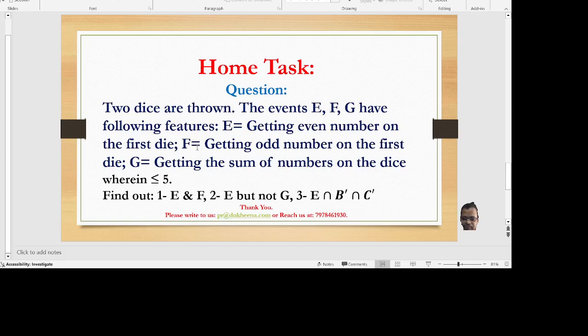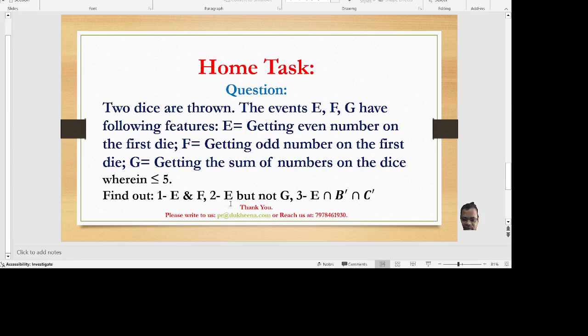We have to find out. F is getting an odd number on the first die. G is getting a sum of numbers on the dice that is less than or equal to 5. Find E and F: what are the common outcomes between E and F?